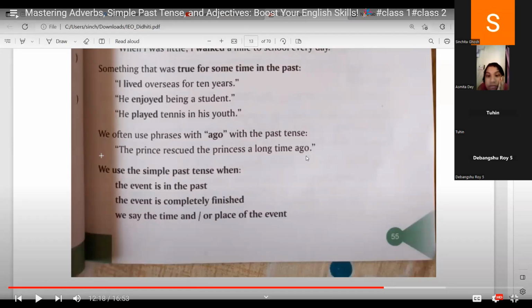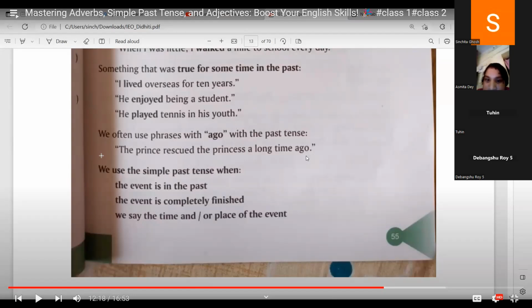Tell me a sentence with ago, beta. See, Ashmita told some time ago a virus came into our country named Corona. Tuhin told some time ago China was the most populated country in the world.